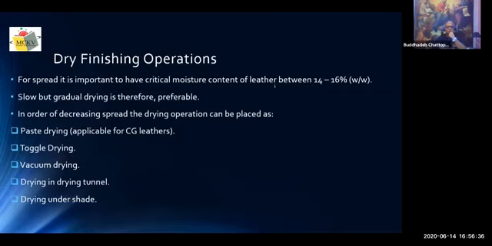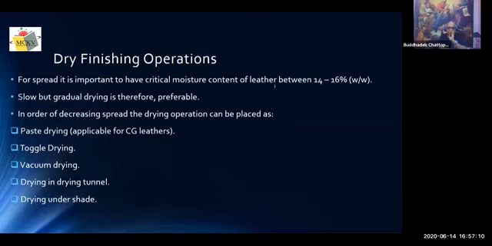For spread, it is important to have a critical moisture content of leather between 14 to 16%. Slow but gradual drying is therefore favorable. In order of decreasing spread, the drying operations can be placed as paste drying, which is applicable for only corrected grain leather, because you always have a remnant deposition or film of the paste on the grain side of the leather, which can only be eliminated by buffing the grain.